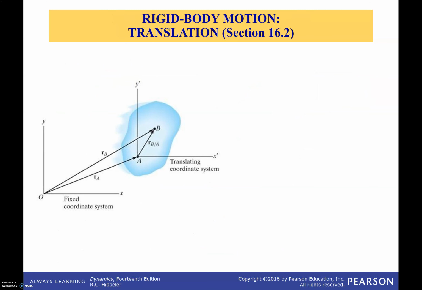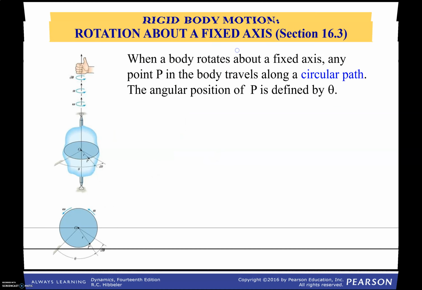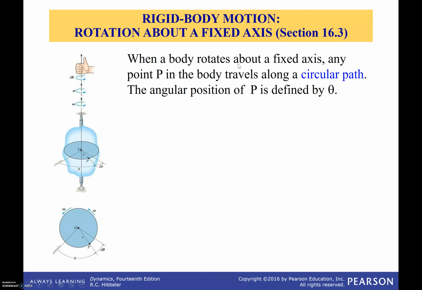Let's introduce a little bit of notation. Here we have a rigid body, this blue potato, and we want to define a notation to describe points in this body. We have a generic point B, and that point has a position vector r_B. We want to write this in a clear manner.